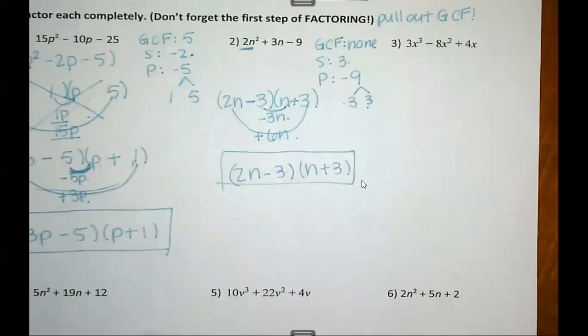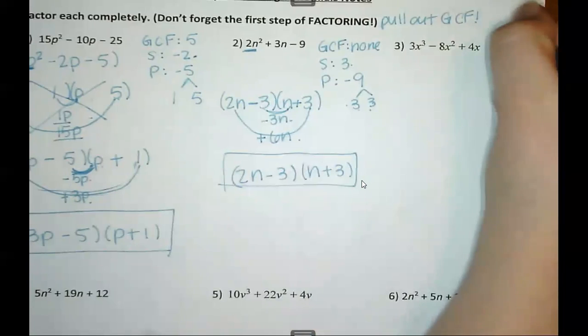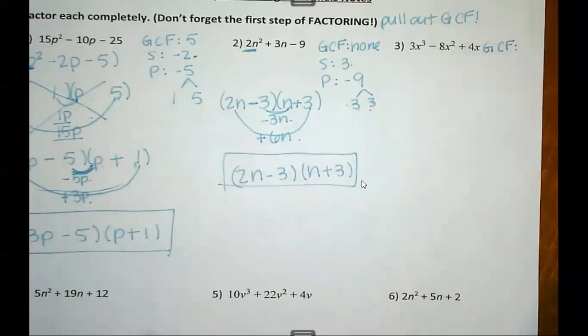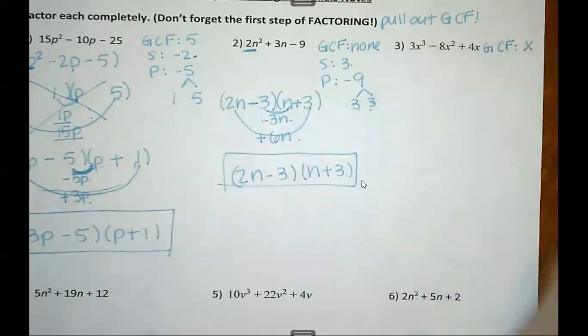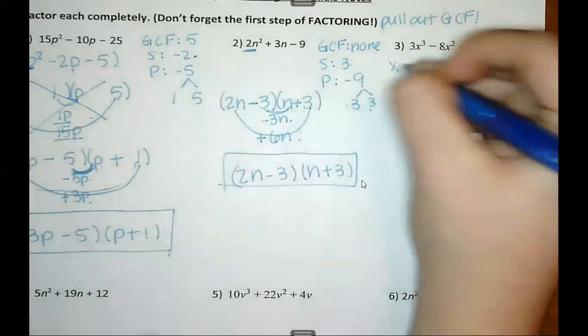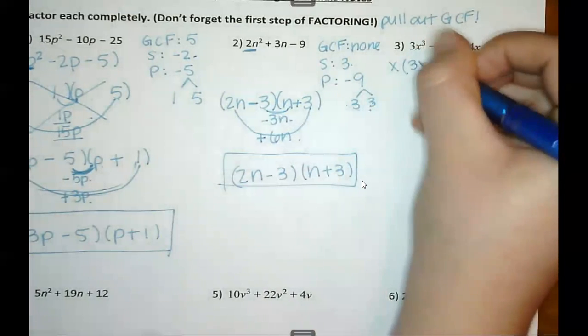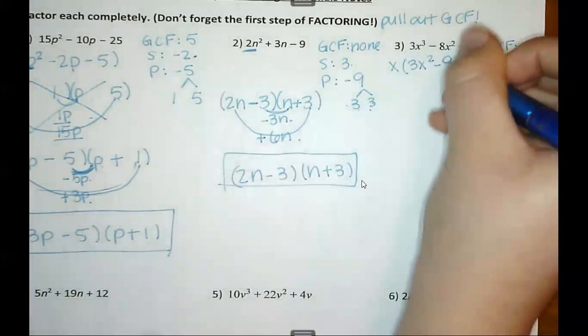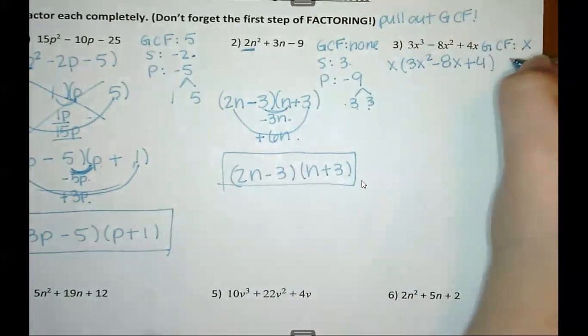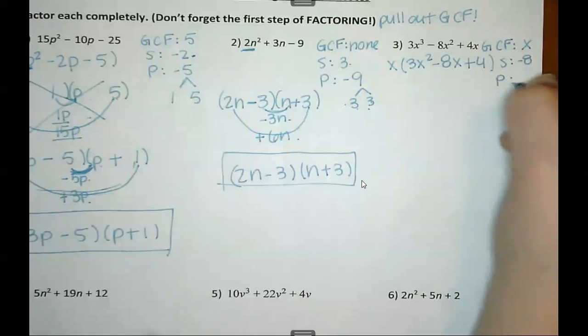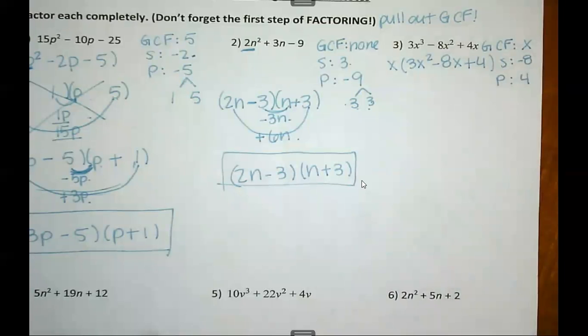All right, number 3. First thing I look for always is a GCF. So it looks like no number, but they do all have an x. So I'm going to pull an x out of all of these. So if I pull out an x, I would have 3x squared minus 8x plus 4. So that would mean that my sum is -8 and my product is 4.